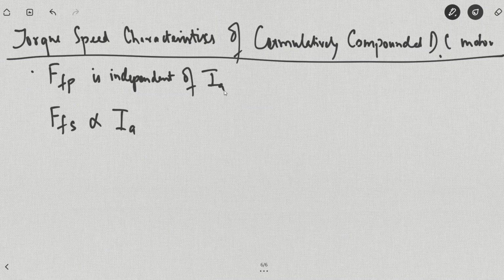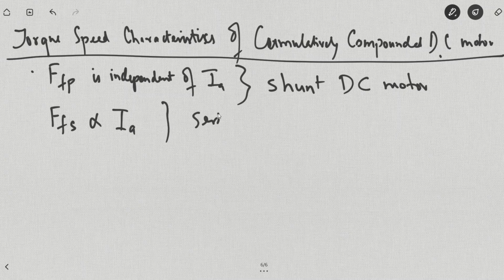Now this characteristics is found in a shunt DC motor, whereas this characteristics is found in a series DC motor.